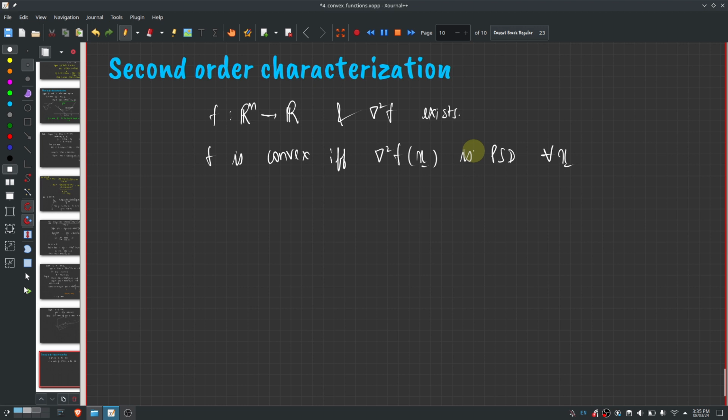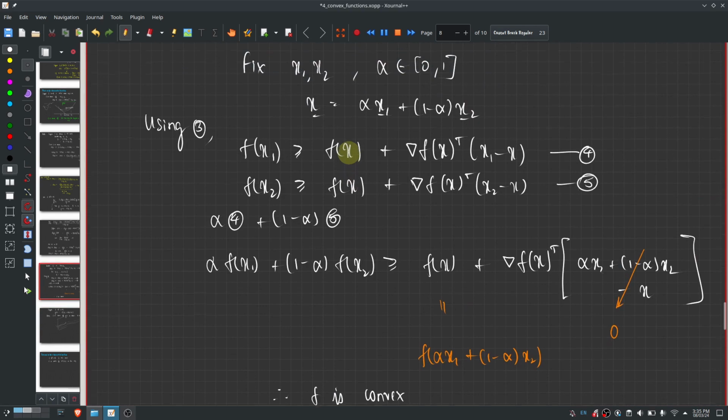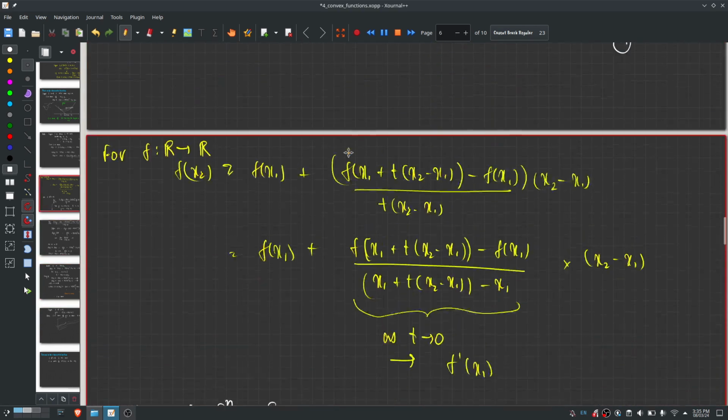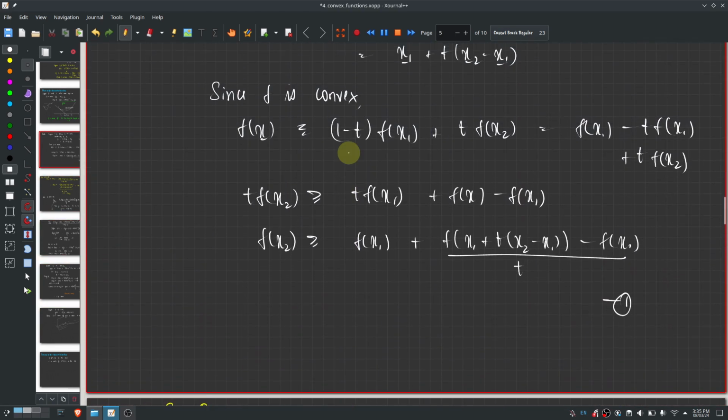Okay, so you try to express this Hessian in terms of the gradients, correct? And again, you keep trying to think about how you proved it in the one-dimensional case. A function is convex if the derivative keeps increasing, right? And you can interpret this first order condition as something similar.